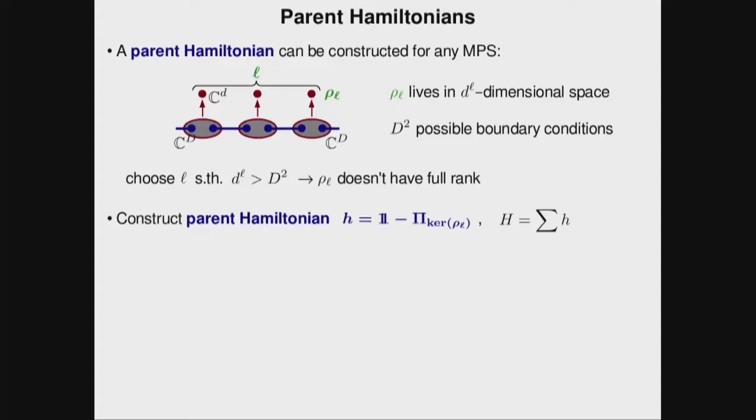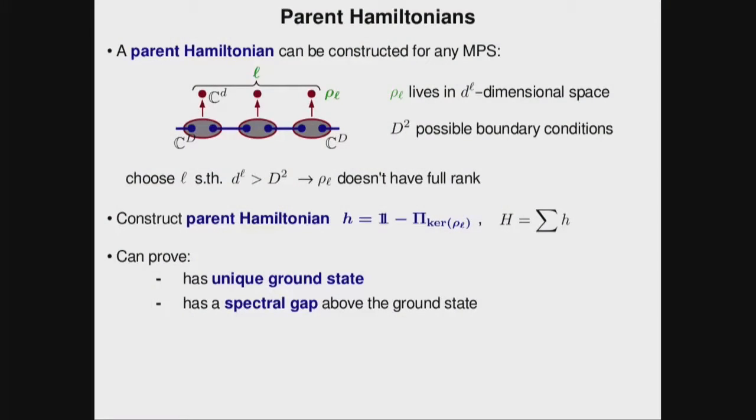Then we put this everywhere in our lattice and we get a total Hamiltonian. It's again a positive semi-definite operator, which is 0 on the state we started from, so this is one ground state of that Hamiltonian. And again, it turns out that under very general conditions, which we understand well, this system will have a unique ground state. There will be no other ground state of that system, and there will be a spectral gap.